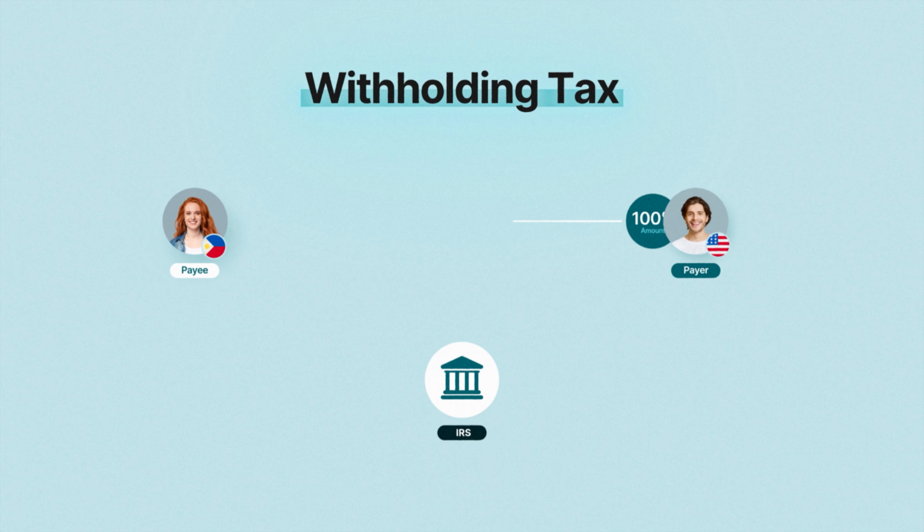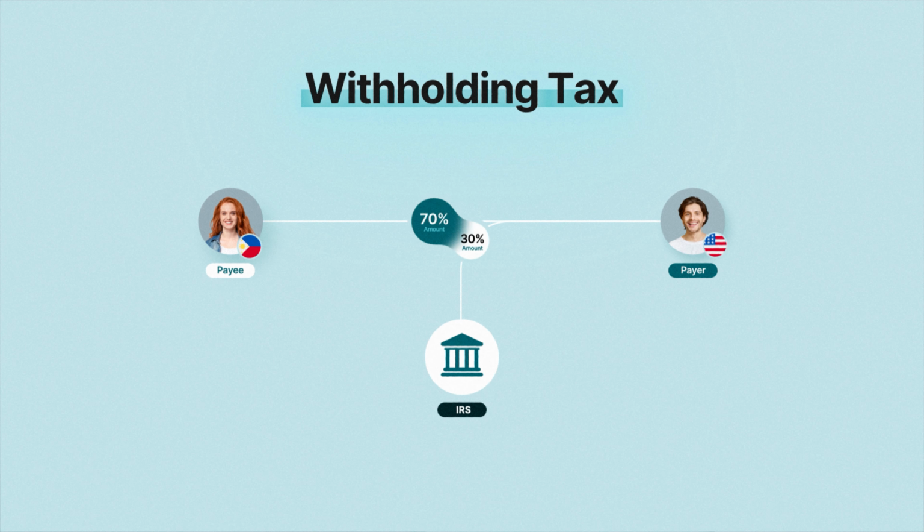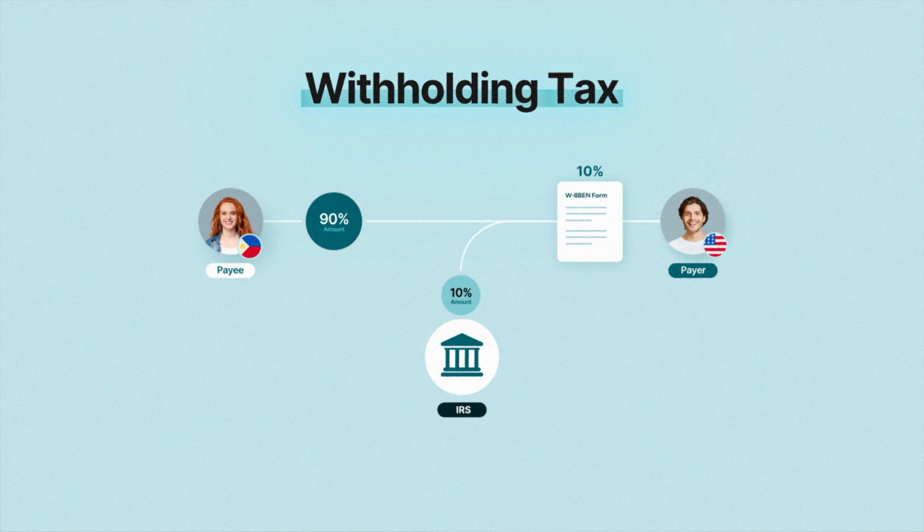But why is this important? Well, the US operates on the concept of withholding tax, meaning the payer is responsible for reducing a percentage of the income to pay to the IRS. The W-8 BEN helps determine the correct withholding rate. This is based on the recipient's country of residence and whether there is a tax treaty between the US and that country.